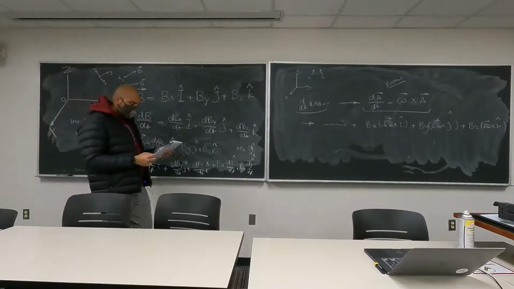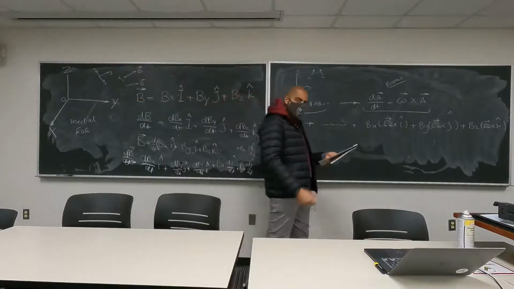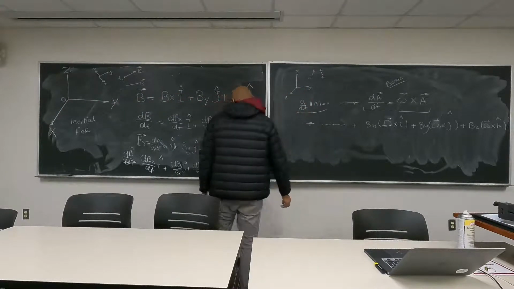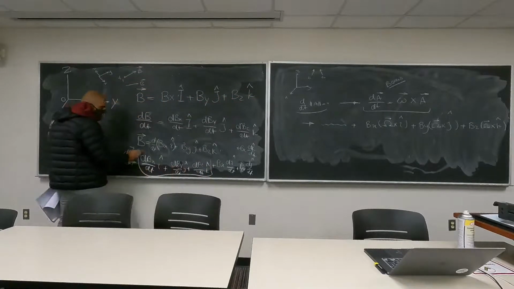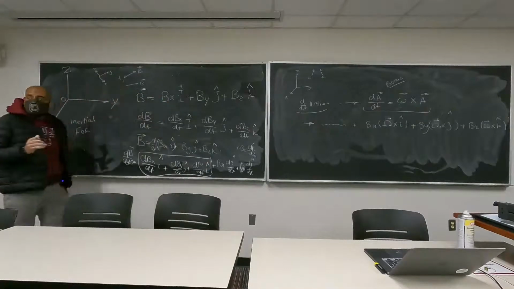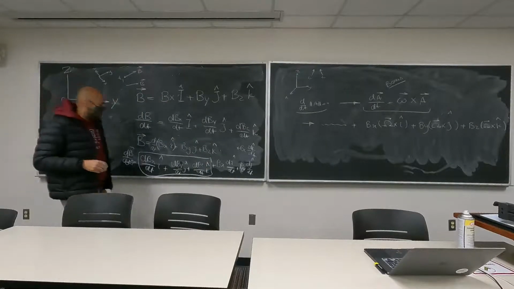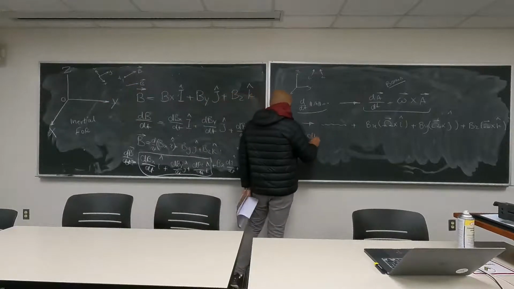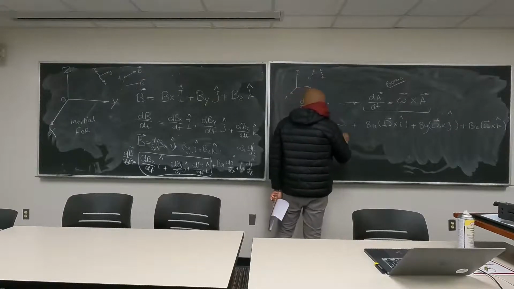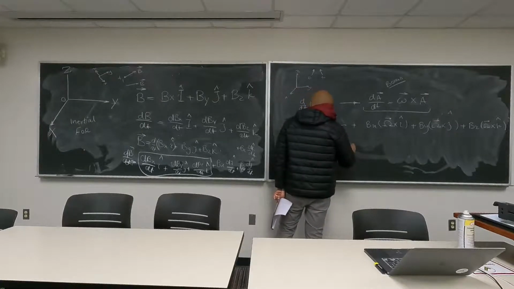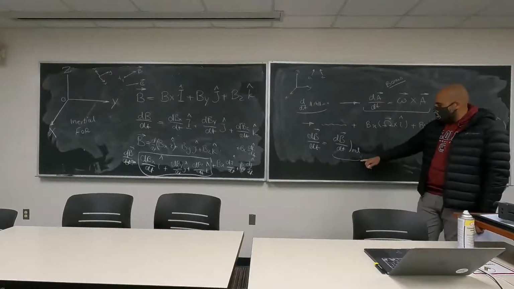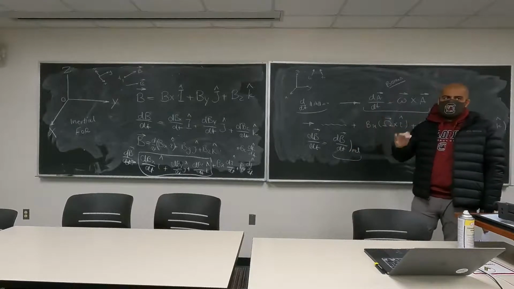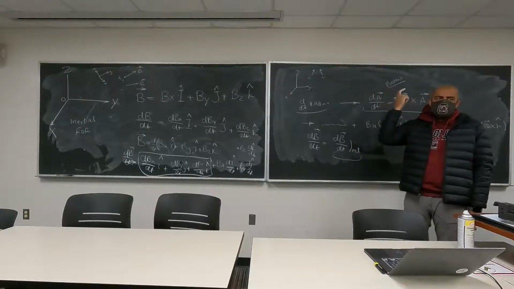Are there any questions about this? No? So the first part, when it comes to a moving frame of reference, we are going to call the relative time derivative. So your total dB/dt is going to be equal to a relative time derivative, which essentially means that we are taking the derivative of B relative to the frame of reference, assuming that the moving frame of reference doesn't move, right?